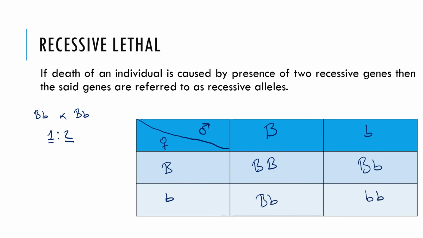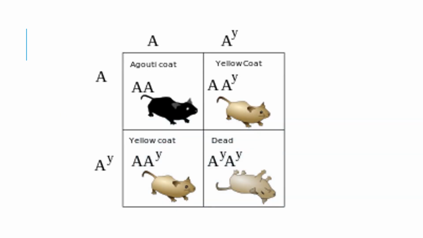The person which will have this homozygous recessive pair of alleles will die. And that is the reason we have 1 is to 2. The ratio in case of recessive lethal will be 1 is to 2. Remember this. You can see in case of mouse also, this is one of the examples.